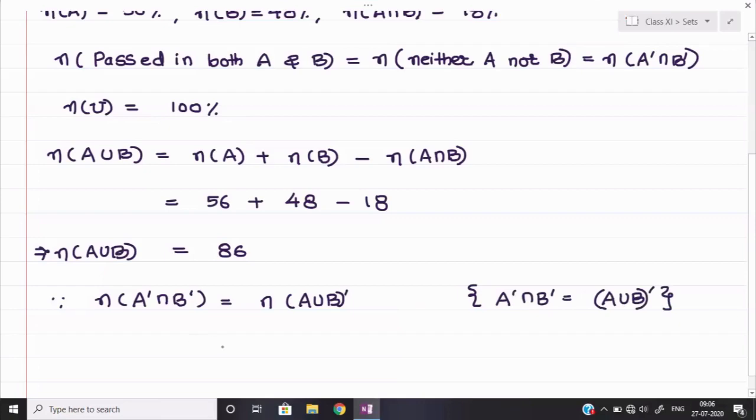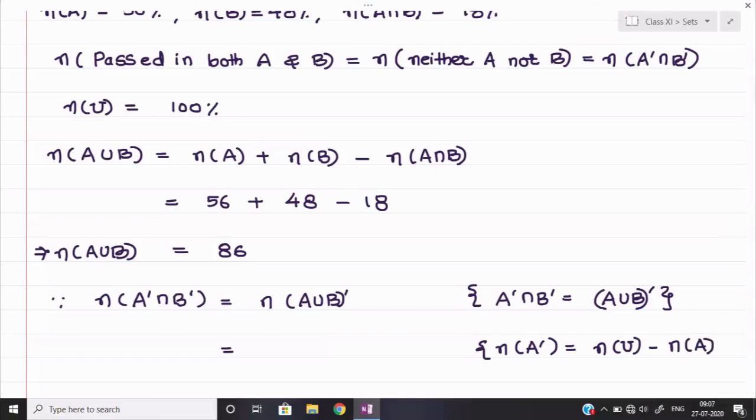Now the next one is n of A union B the whole dash. For some time, treat A union B the whole dash as A. So basically we are getting here n of A dash. N of A dash, we can say, is n of U minus n of A. How do we find A dash? From the universal set we subtract the elements of the set A, so we get A dash.